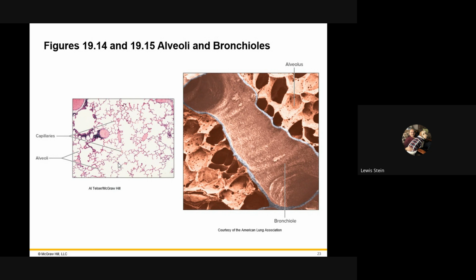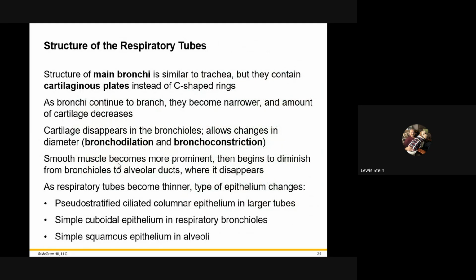When they don't meet each other, so again, here are the rings, they become narrower, cartilage decreases, cartilage begins to disappear as we get into the bronchioles. Okay, smooth muscle more prominent, what I was telling you. Pseudostratified is in the larger tubes, and then as you get to those respiratory bronchioles, effectively we're not as concerned.